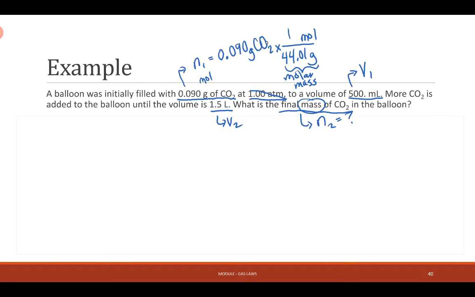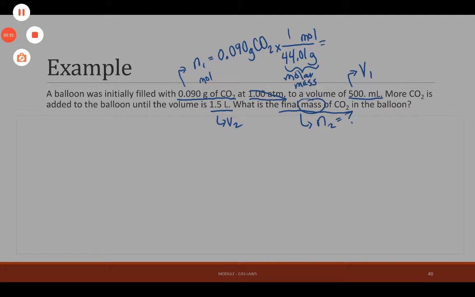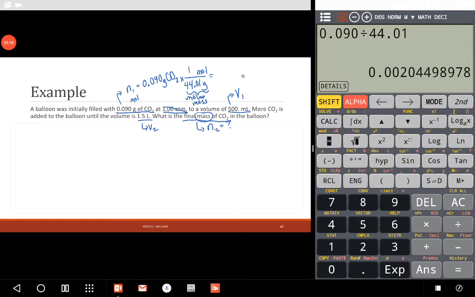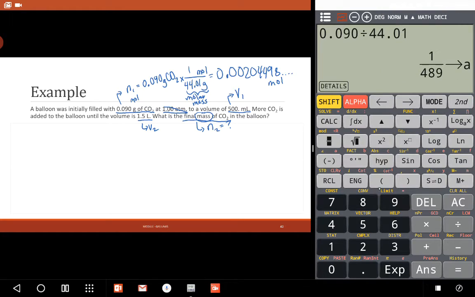You can get that by adding up 2 oxygens and 1 carbon on the periodic table. So my initial moles is 0.0020449 and so on moles. I'm going to go ahead and store that number into my calculator so that I can recall it later.